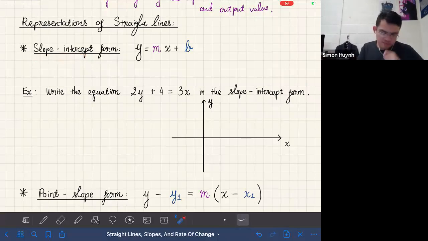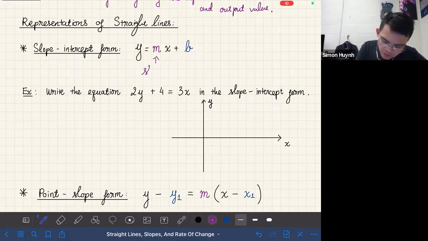As we know, the slope-intercept form is y equals mx plus b, where m is the slope of your linear equation and b is the y-intercept.